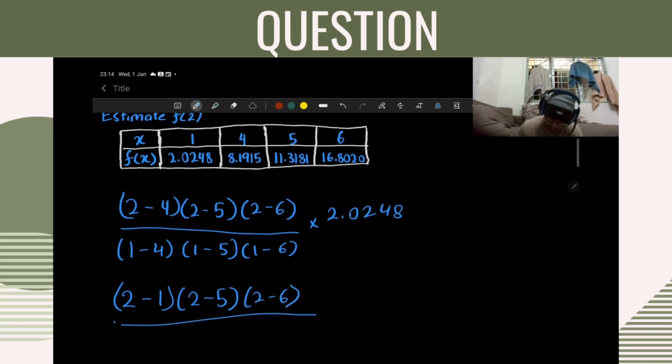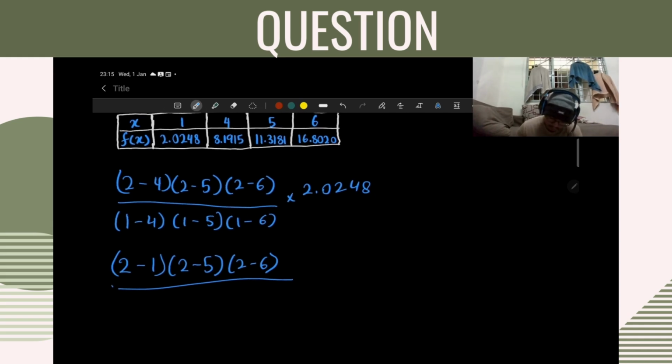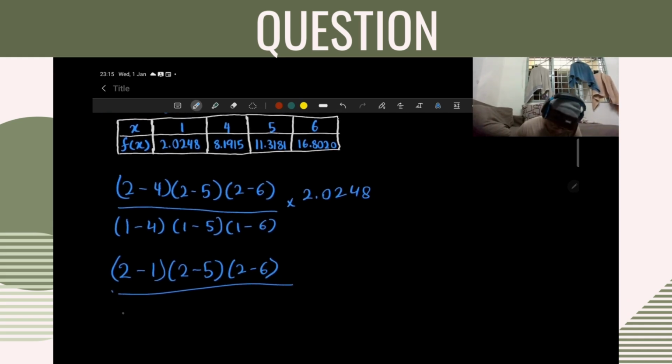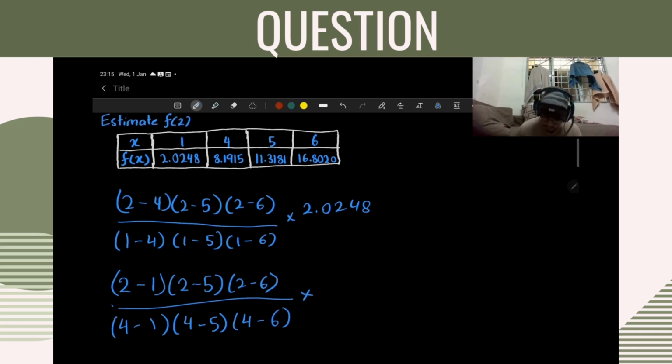And then 4 minus 1, 4 minus 5, 4 minus 6, and obviously we are not going to subtract 4 because that is the one that we are looking for. And then we're going to multiply by the y, which is 8.1915, and that's it. I'm going to show you when everything is over.